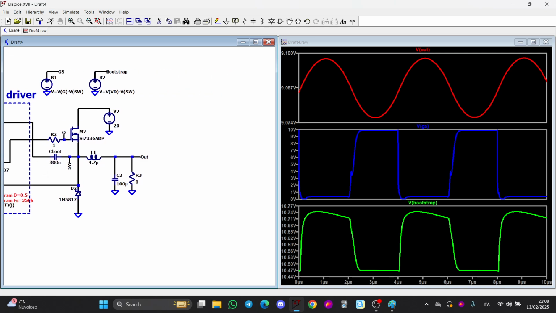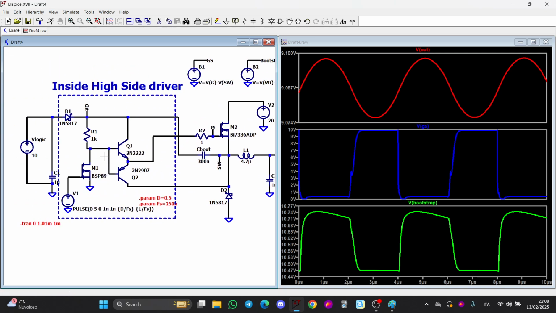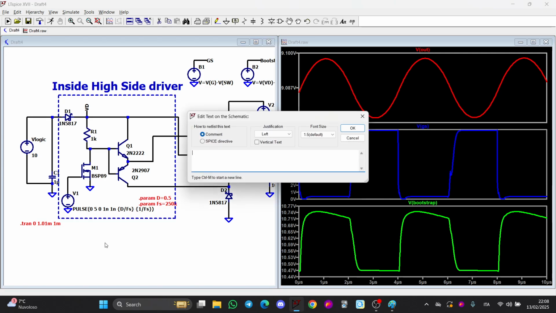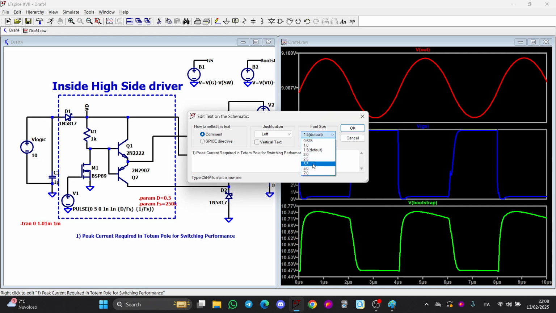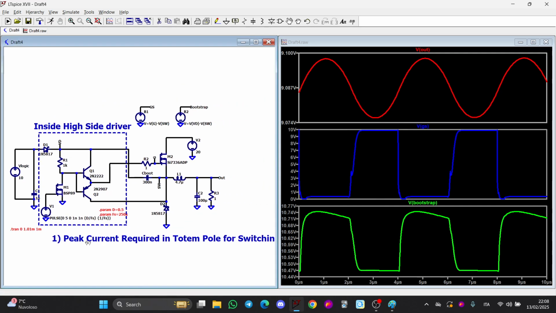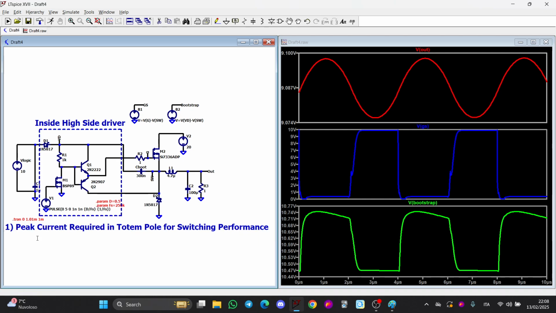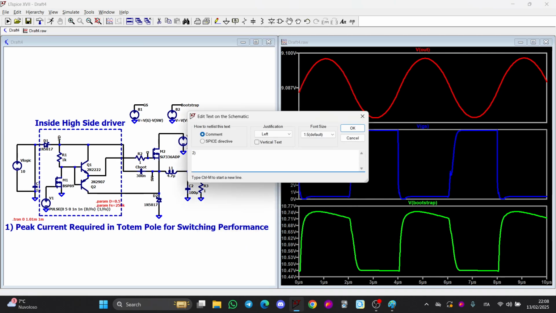So why is this simulation useful? The simulation is useful for 3 things. First, it simulates the peak current required in the totem pole for switching performance. Second, it is important for designing the Bootstrap capacitor.